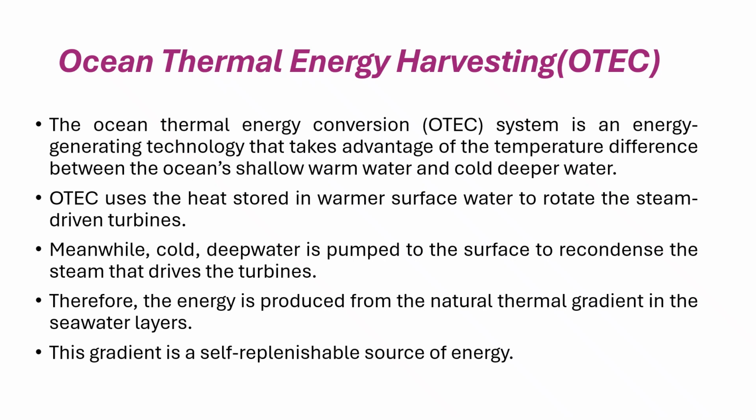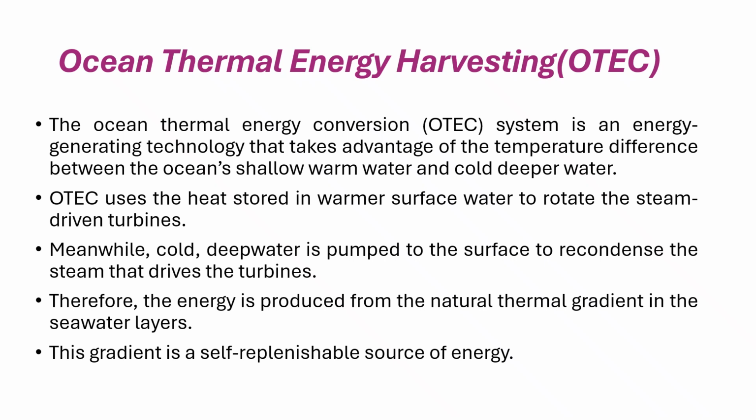The ocean thermal energy conversion (OTEC) system is an energy generating technology. This is another way of harvesting energy from the ocean. OTEC takes advantage of the difference in temperature between the ocean's shallow warm water and the cold deeper water. So there will be two different temperatures: one in the shallow water and one in the deep water.